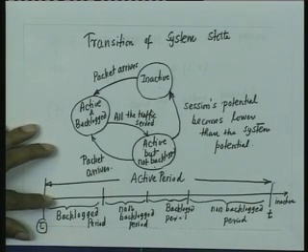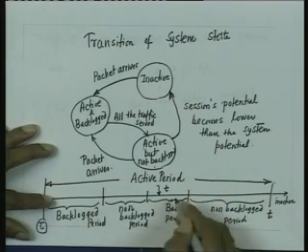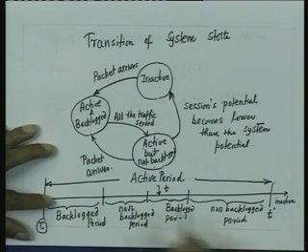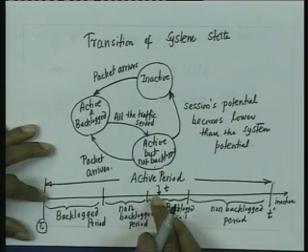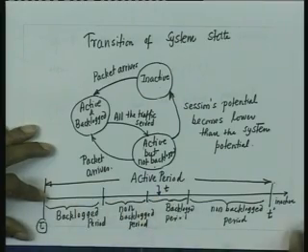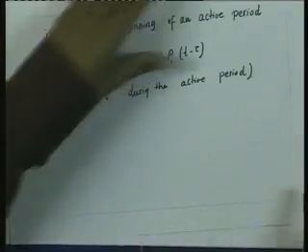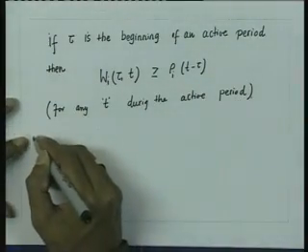If tau happens to be the beginning of an active period, and t is any time here, and let's say the time at which this ends is tau prime, then the amount of service received by a particular session i during this period of tau to t will be greater than or equal to rho i into t minus tau. Let us prove this result.